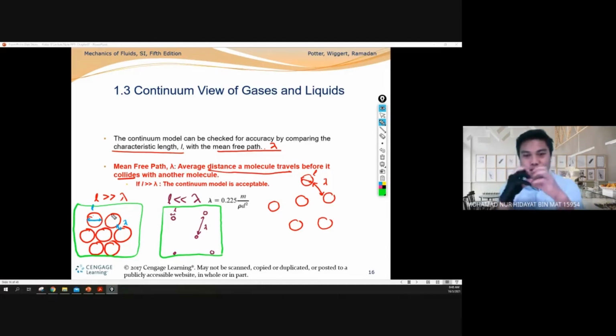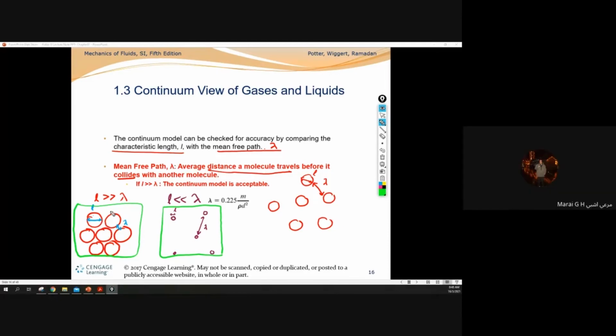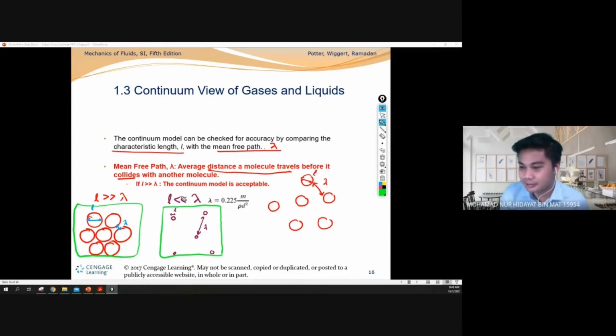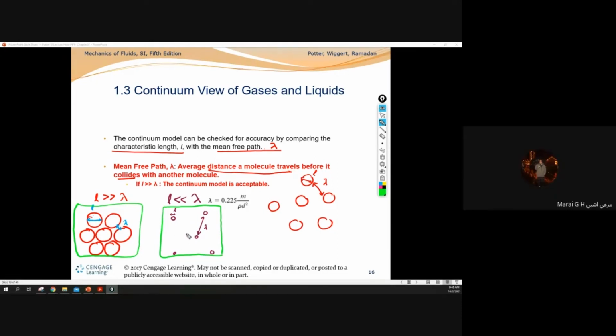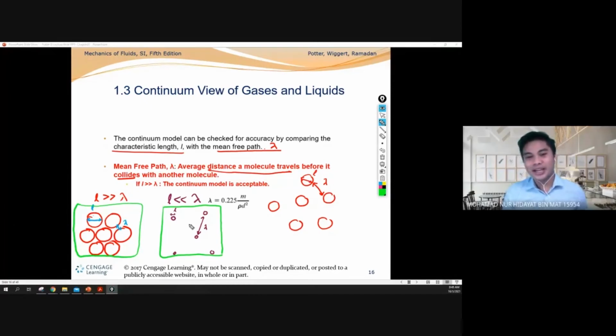In this case, the L is very small compared to lambda. You can see the particles are far away. Is this considered continuous? This is not continuous. Okay, so every one of you understands what is continuum and what is not continuum.